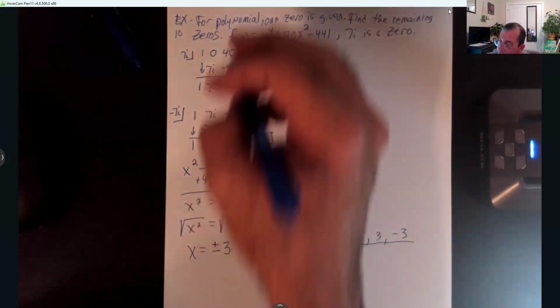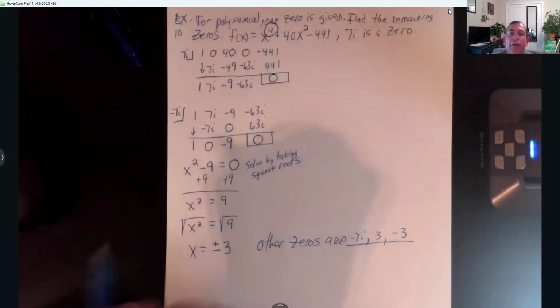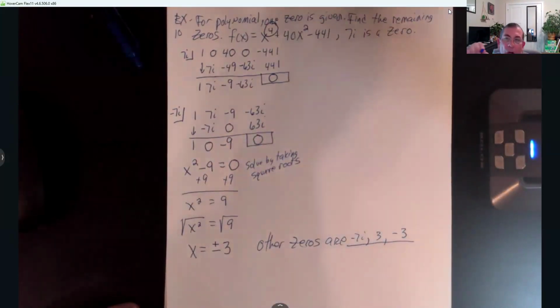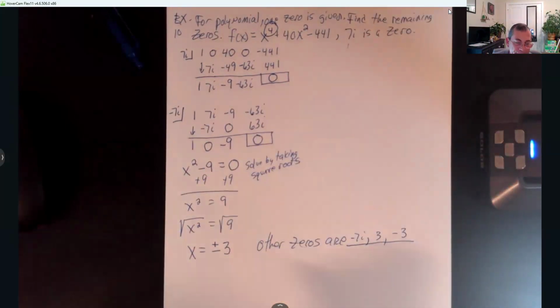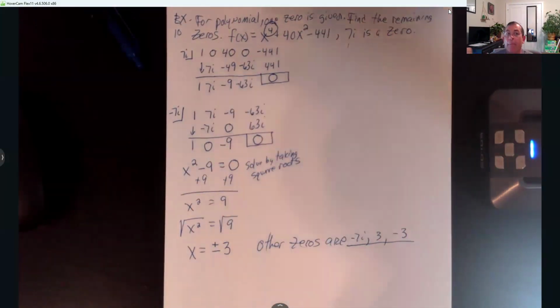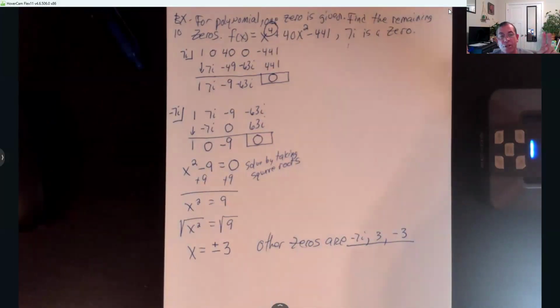Just remember, that had a degree 4 on it, so you need 4 zeros altogether. If they gave you 1, you had to find 3, okay? So that's really sort of why they wanted y'all to learn that imaginary and radical stuff come in those conjugate pairs.